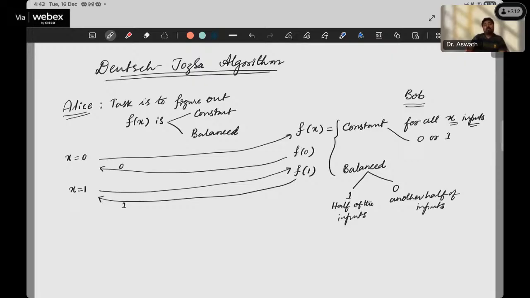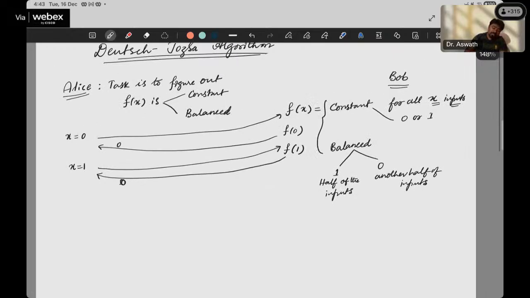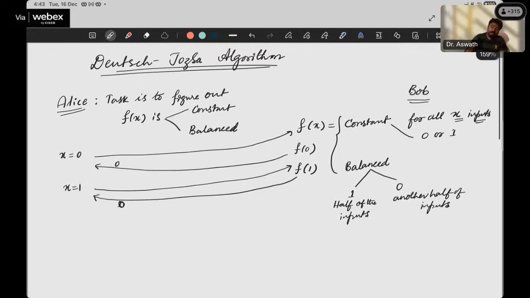Let's say it is not her lucky day, and what she got is 0 instead of 1. Now Alice has to do a few more queries to find out whether the function is balanced or not.